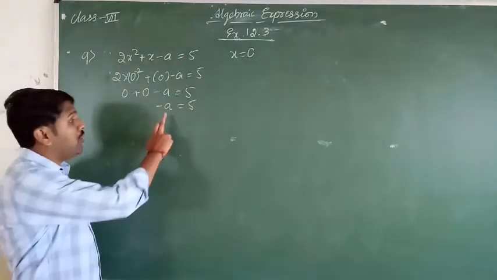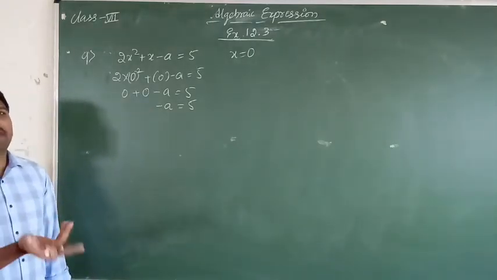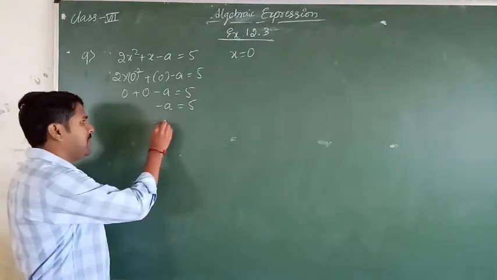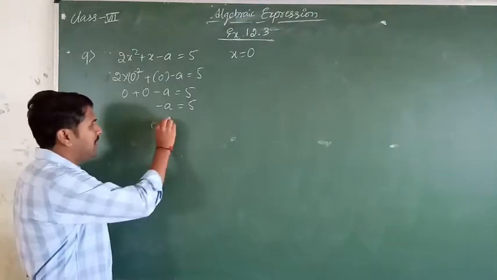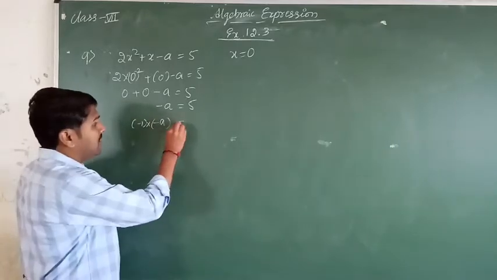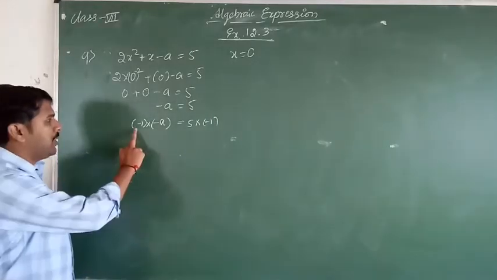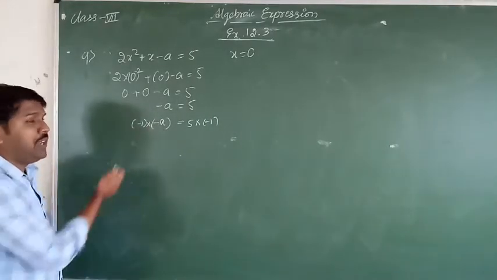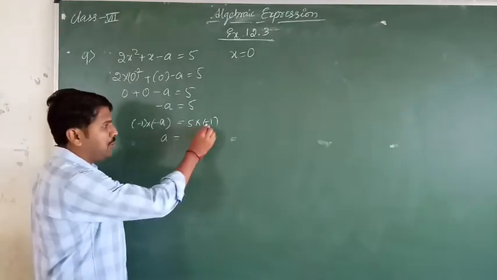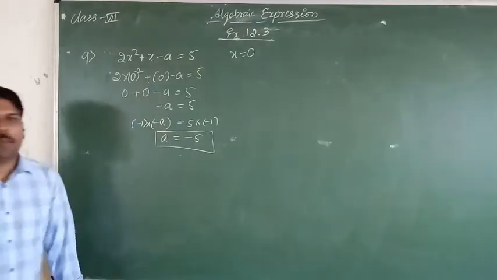But you want the value of a. Here there is a minus sign. So how to do that? Just multiply minus 1 on both sides. 5 into minus 1, so minus into minus is plus, 1 into a only. So 5 into 1 is 5, plus into minus is minus. So the value of a is minus 5.